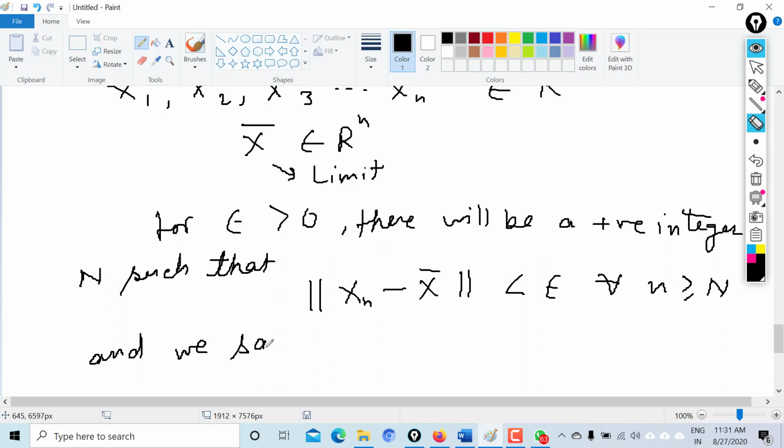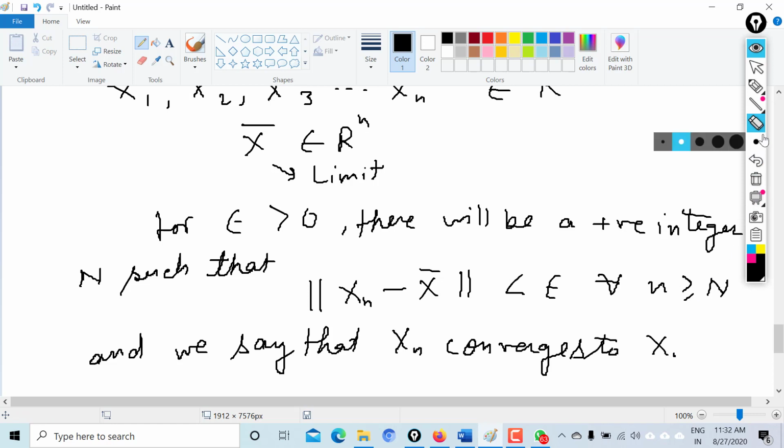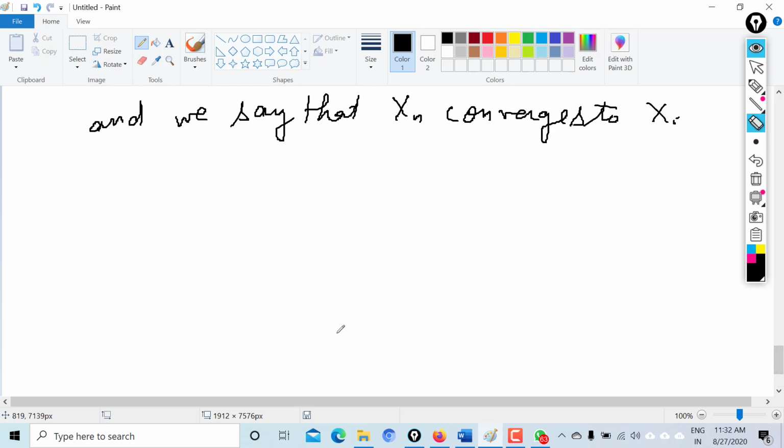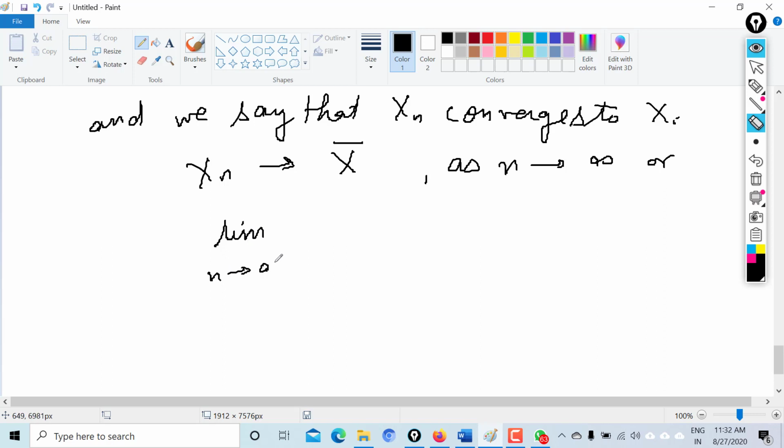and we say that x_n converges to x bar. It can also be represented by an equation: x_n converges to x bar as n tends to infinity, or in the form of a limit, limit as n tends to infinity.